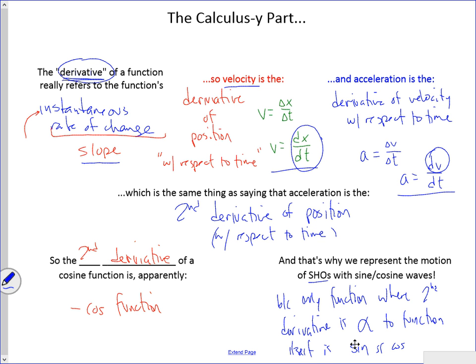Other mathematical functions just plain old don't work that way. Now, if you have no basis in calculus, you have to take this with a grain of salt, I suppose, but it's worth talking about.